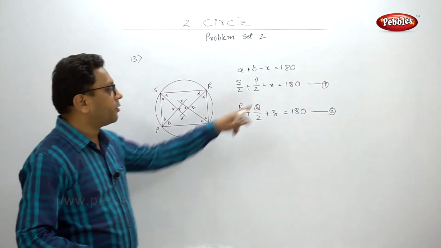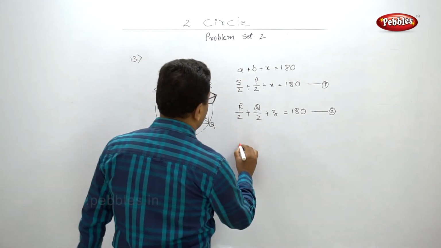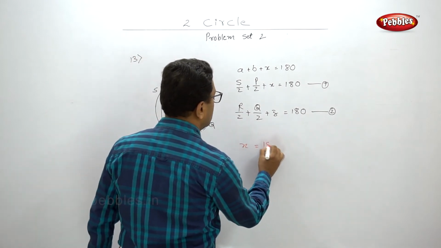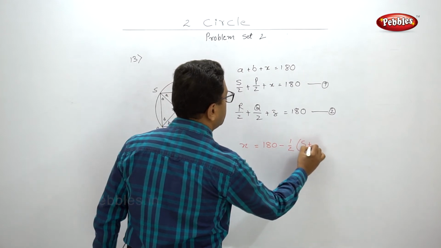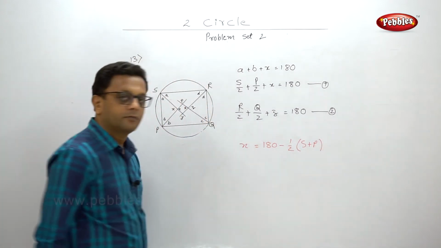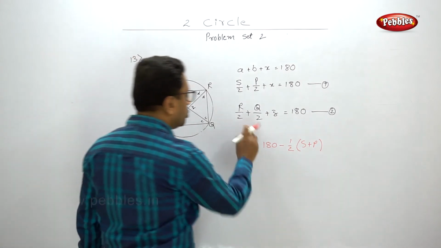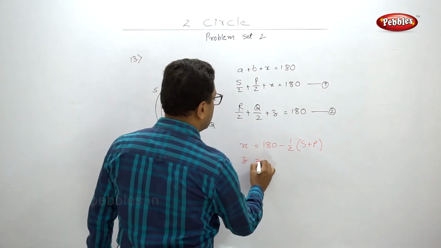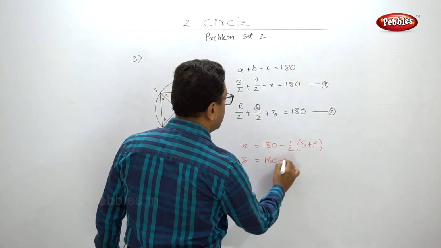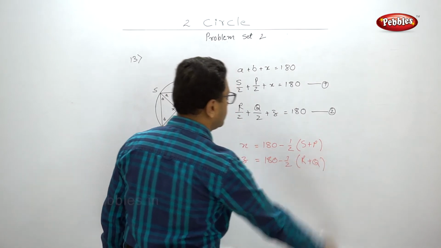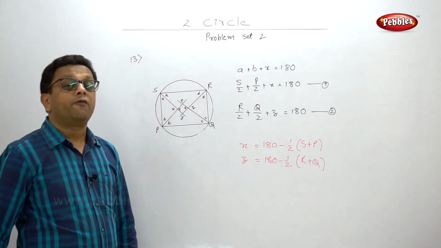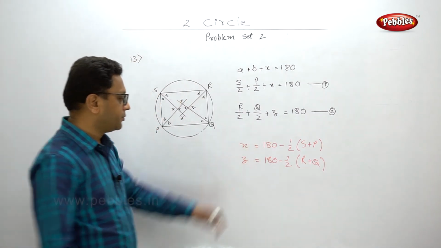So now what we'll get from the first equation? X is equal to 180 minus half of S plus P. Correct? And from 2 we will get Z equal to 180 minus half of R plus Q. If we add these two equations, what we will get?